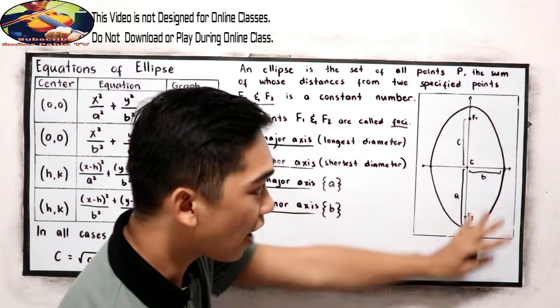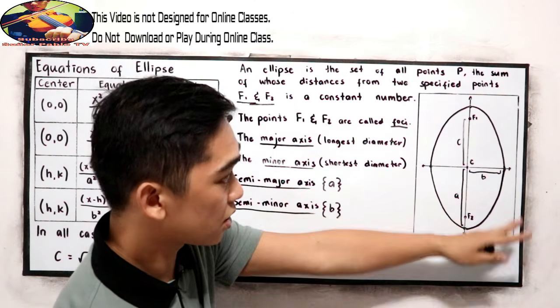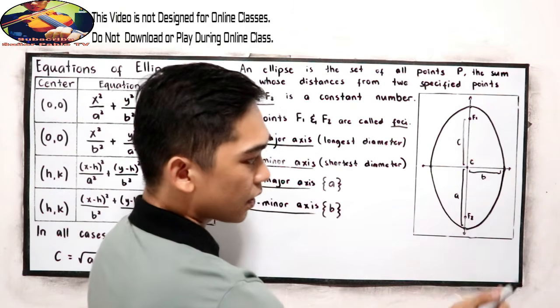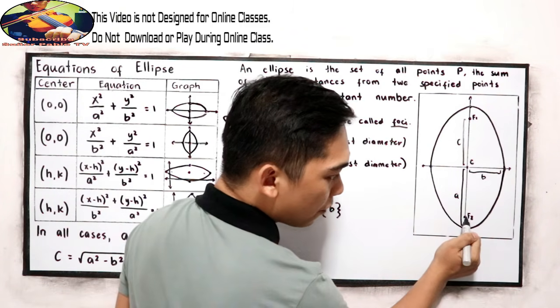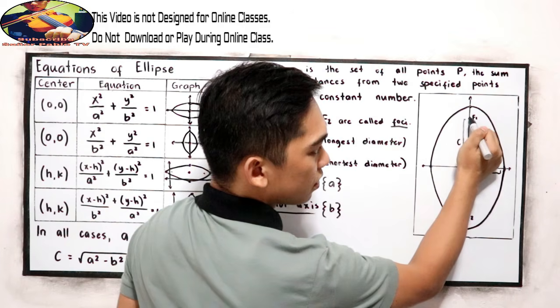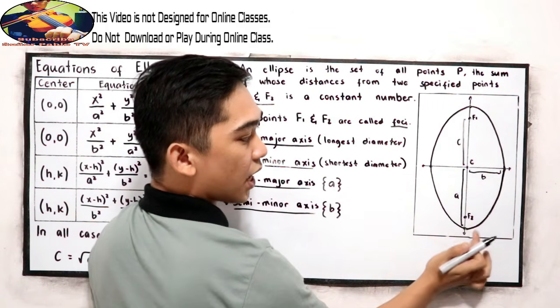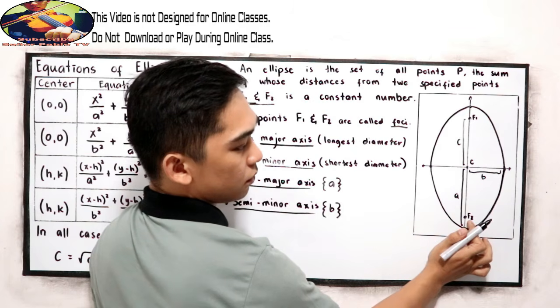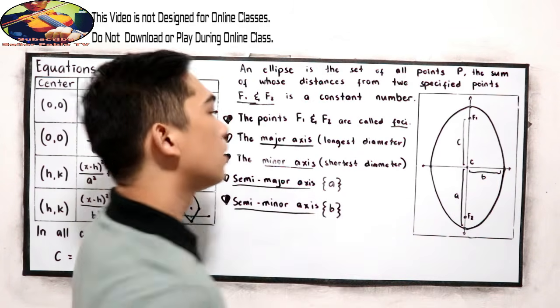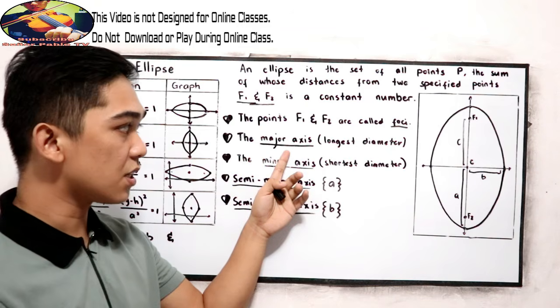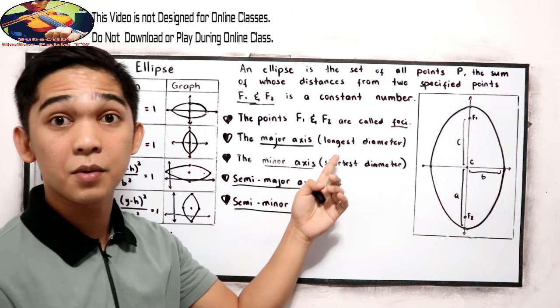So in our graph, this is the graph of an ellipse, elliptical shape, and here is our focus, and the other focus. Our foci, f sub 1 and f sub 2. You will also encounter the major axis, which is the longest diameter.